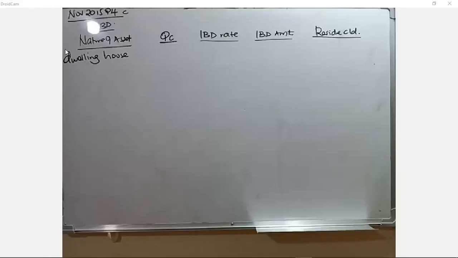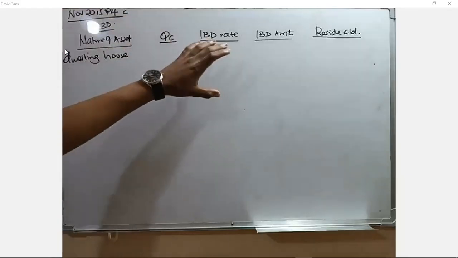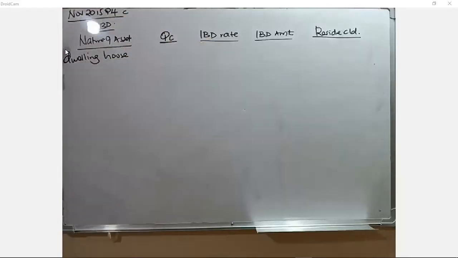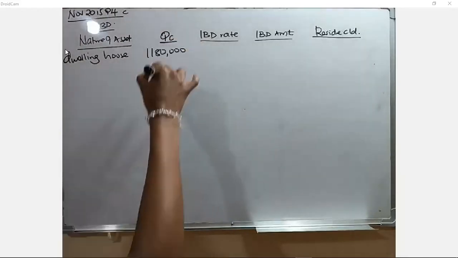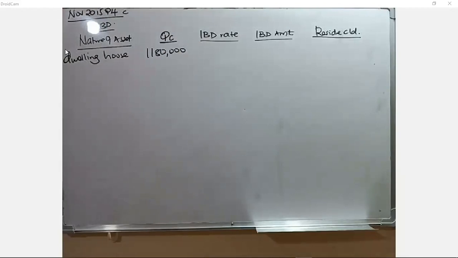So let us proceed. I have said after you write your format, there are some of the assets that you have already excluded from your factory building, and they qualify for IBD because they exceed the 10%, and they include the dwelling house. The qualifying cost for this dwelling house, I'm being given 1,180,000.